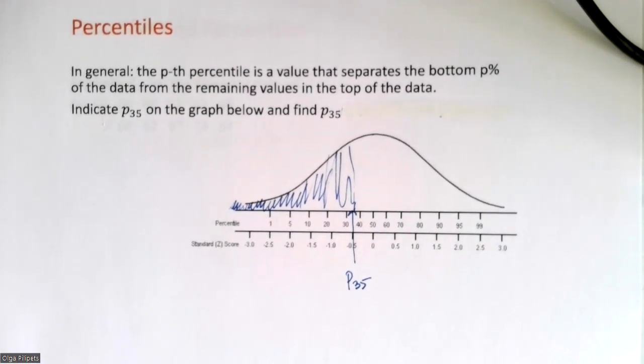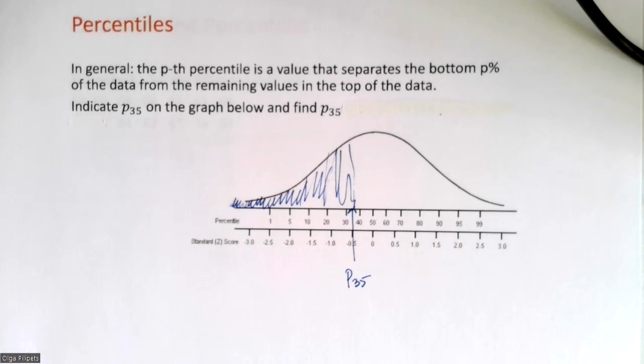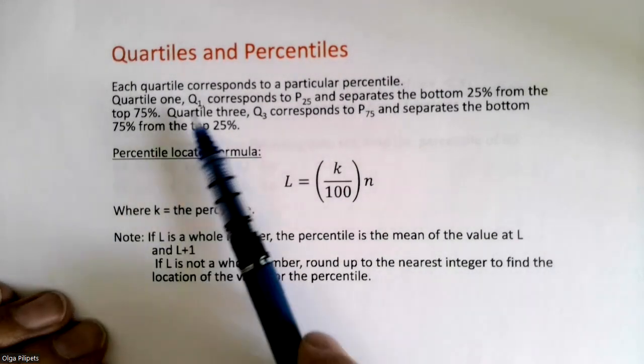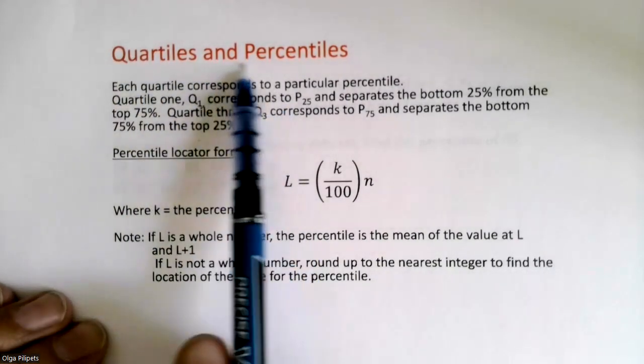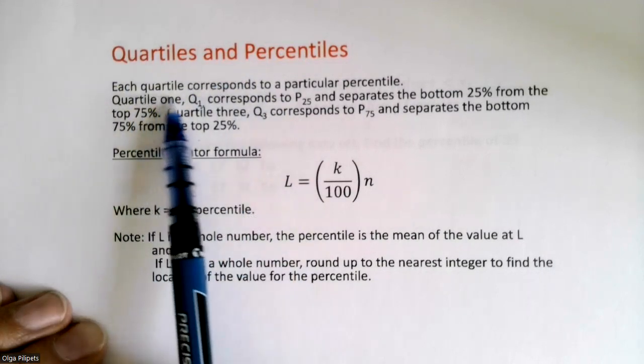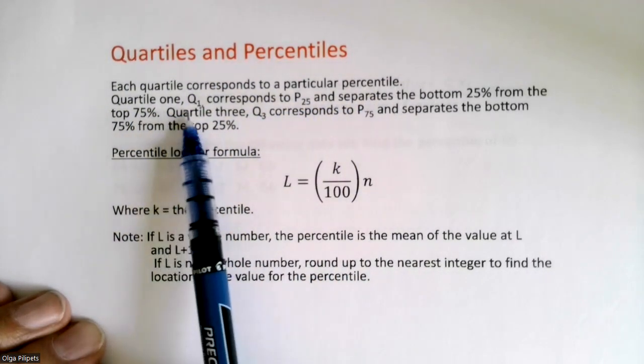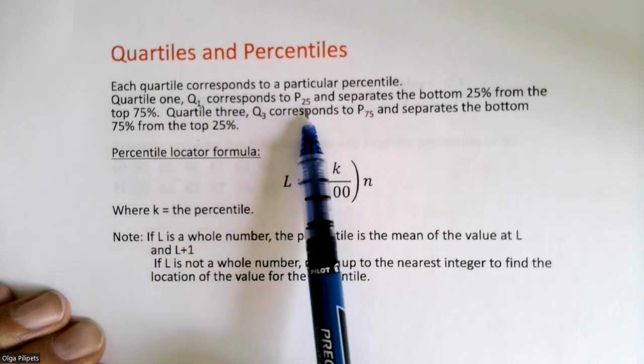Okay, so let's take a look at how we could find actual values if we have actual data. So it says each quartile corresponds, so this is about quartiles. Each quartile corresponds to a particular percentile. So quartile 1 corresponds to P25.